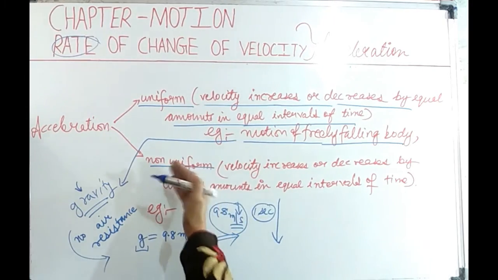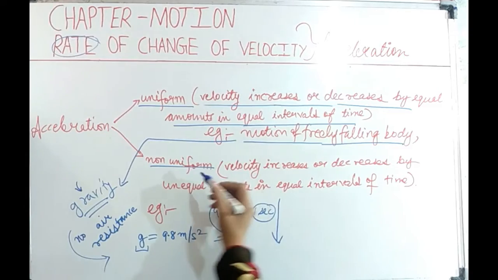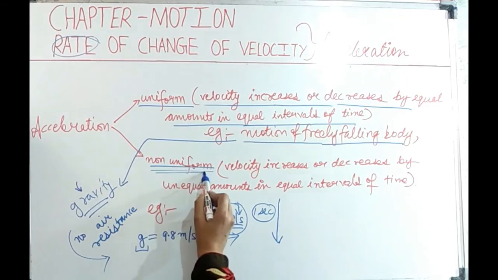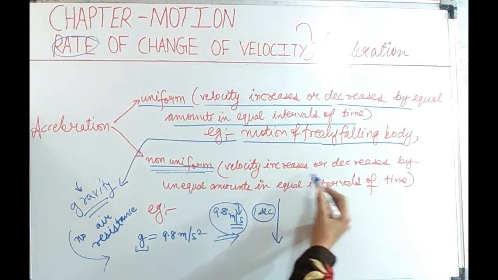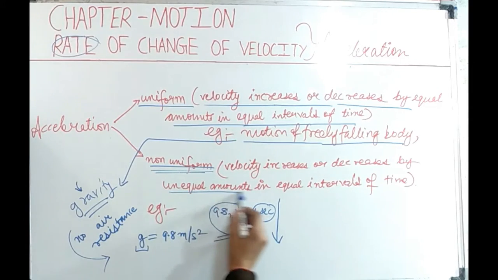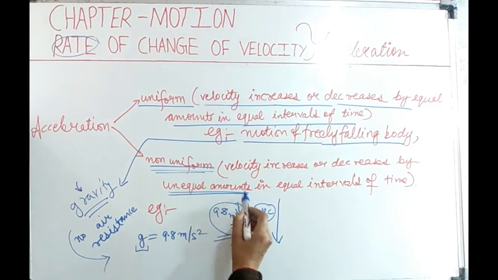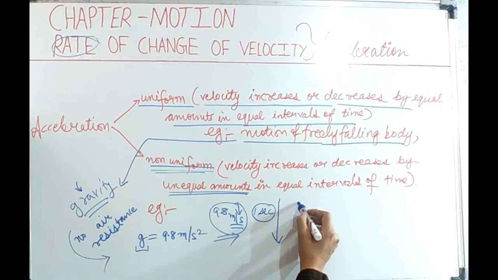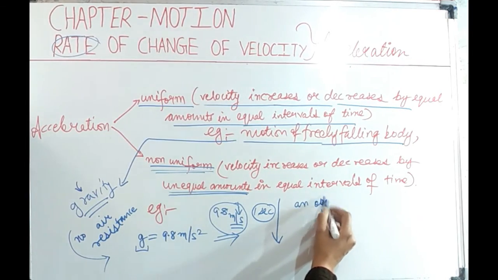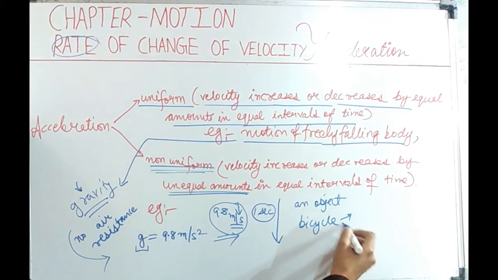What happens in the non-uniform acceleration case? In the case of non-uniform acceleration, velocity is increased or decreased by unequal amounts in equal intervals of time. What are these unequal amounts? Let's say someone is riding a bicycle. What will he do?